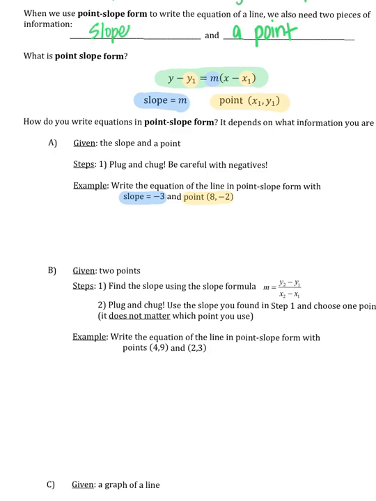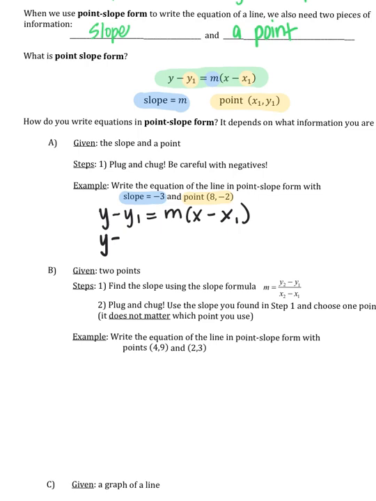Alright, so let's try this. So I'm going to write my formula: y minus y1 equals m times x minus x1. Okay, so I'm going to leave y the same, y minus y1 here.